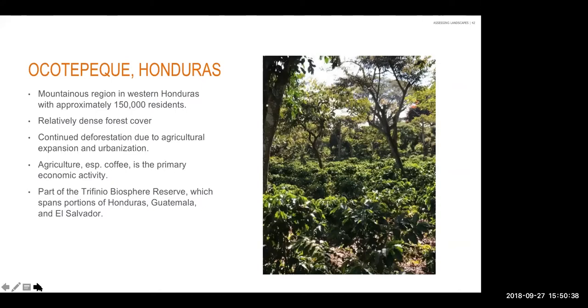And a lot of that agriculture is coffee, and it's coffee expanding into forest areas. And this is high conservation value forest, so it's part of a large transnational biosphere reserve that spans portions of Honduras, Guatemala, and El Salvador, which can make the governance of that biosphere reserve quite complicated. So next slide.